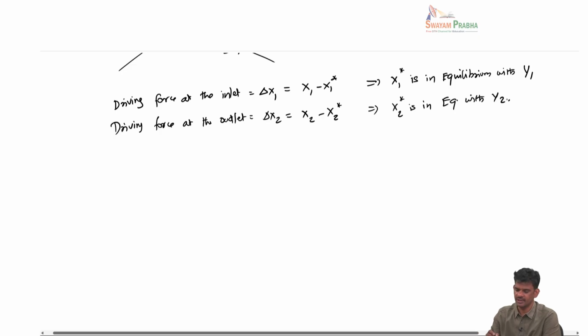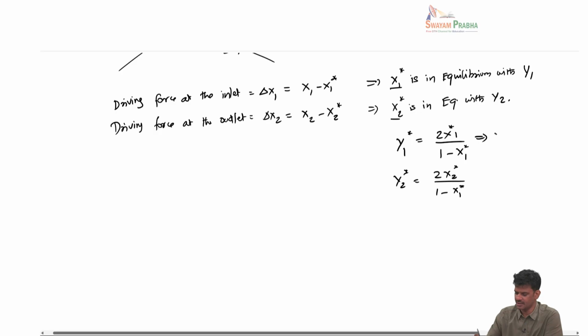Both x1 star and x2 star you can calculate from the equilibrium line for this problem, like this.